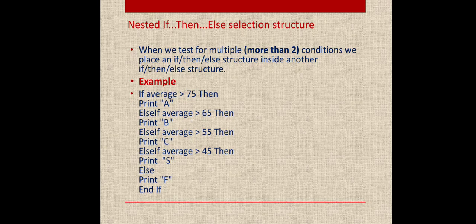So by this nested if then else selection structure, we are able to take more than two decisions. Simply, we first write if, then we write the condition. After that, depending on how many decisions we need, we just write else if, then condition, else if, then condition, followed by the concerned statements. So this is the third type of control statement or control structure.